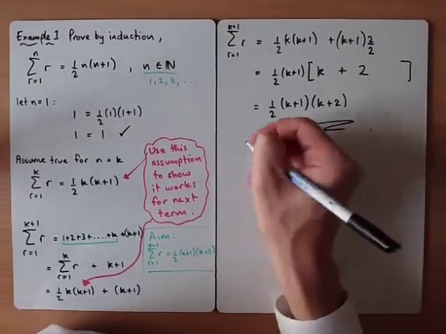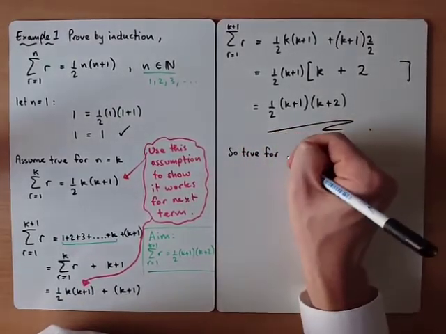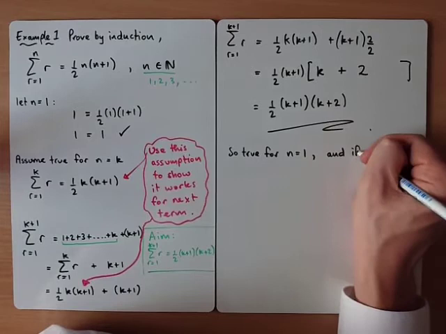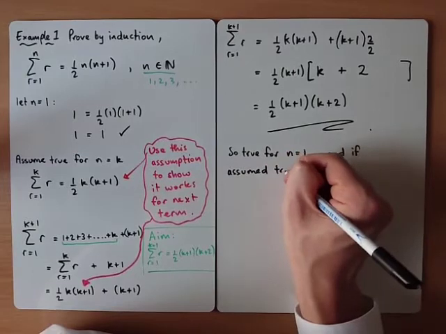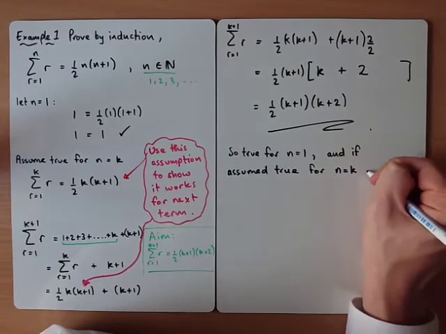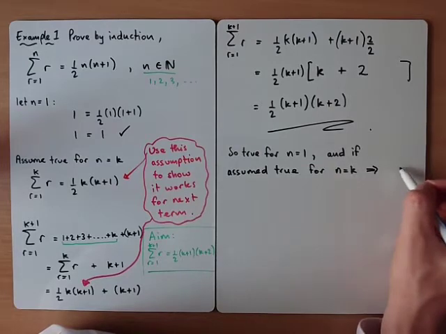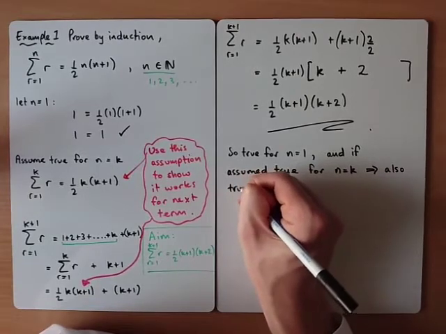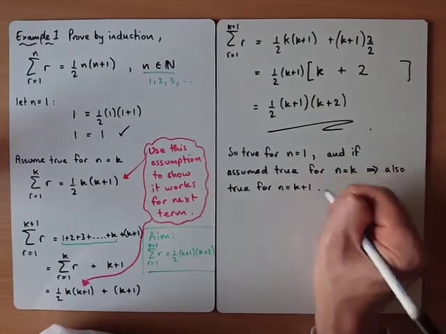So we'll say: true for n equals 1, and if assumed true for n equals k, which means that implies, so if it's assumed true for n equals k, this implies also true for n equals k plus 1.